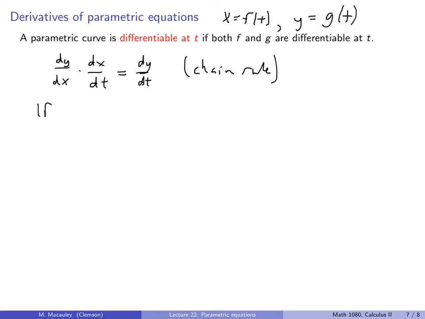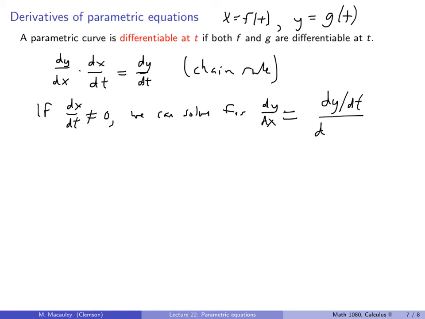If dx/dt is non-zero, we can solve for dy/dx, and we can say it's just dy/dt over dx/dt.